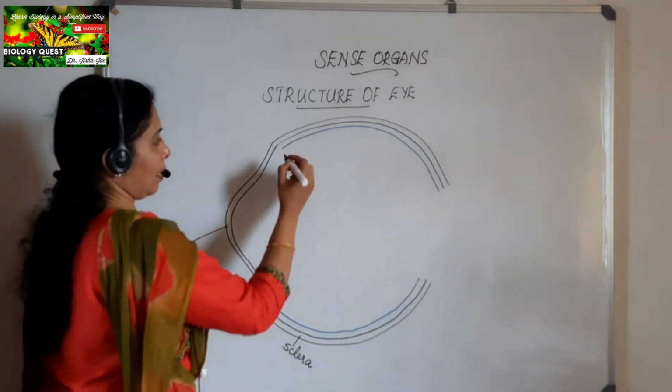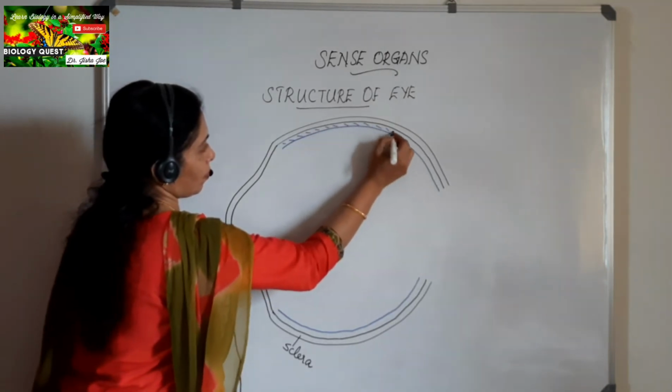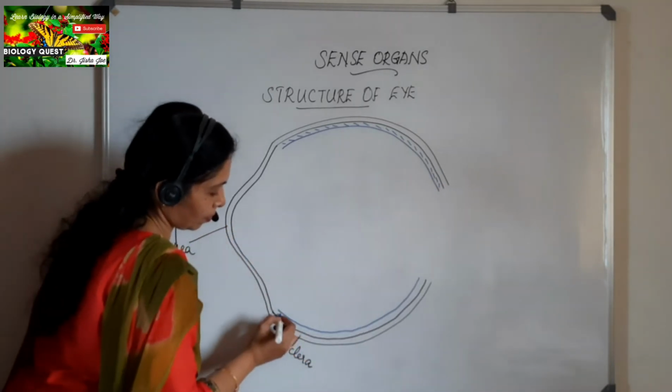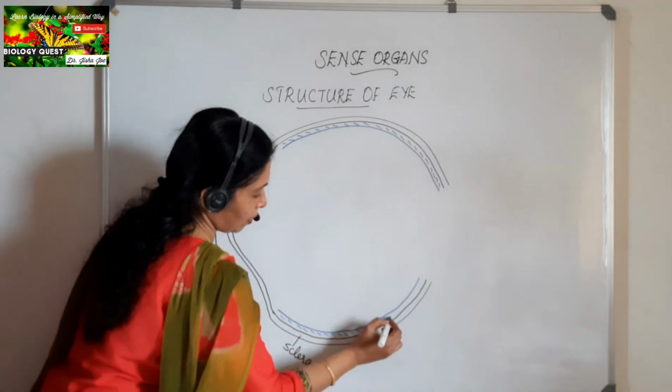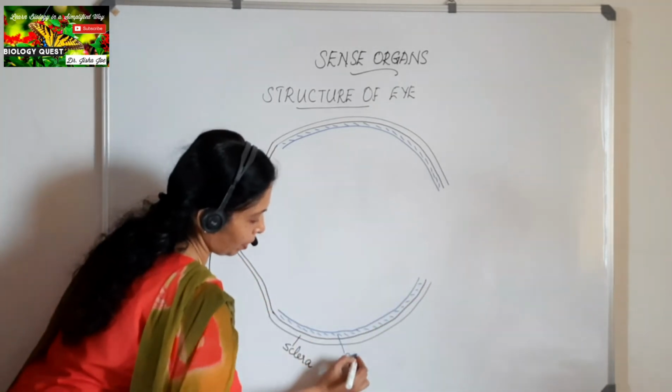The part or the region marked blue, that is the middle layer. I am marking it as the choroid.